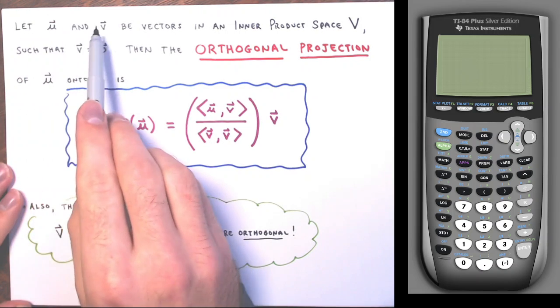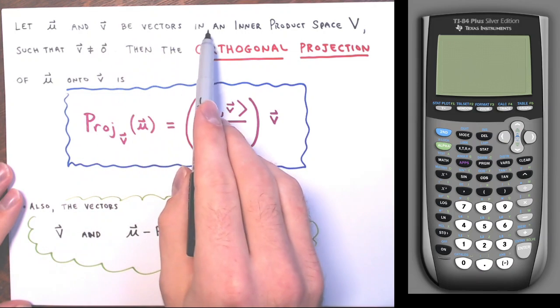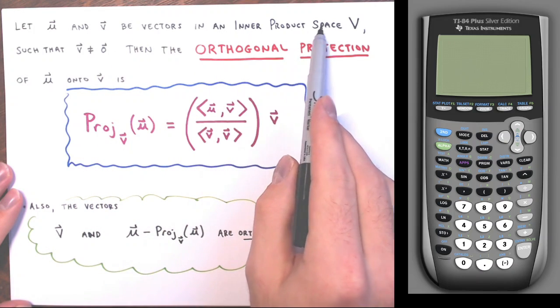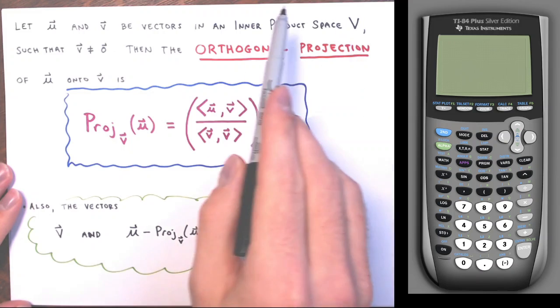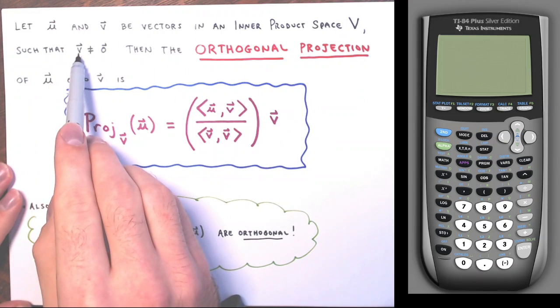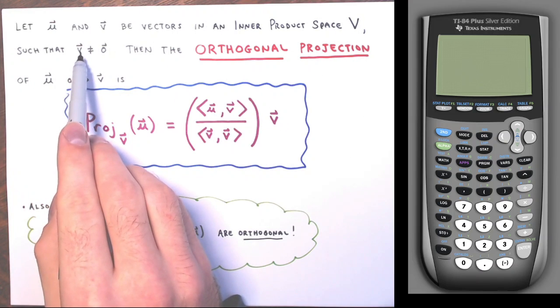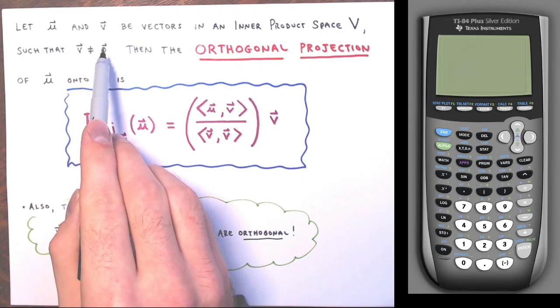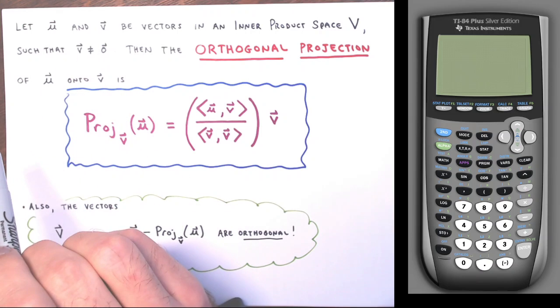So let u and v be vectors in an inner product space V, such that the vector we are projecting onto is not the zero vector, because some problems would happen, we'd be dividing by 0.